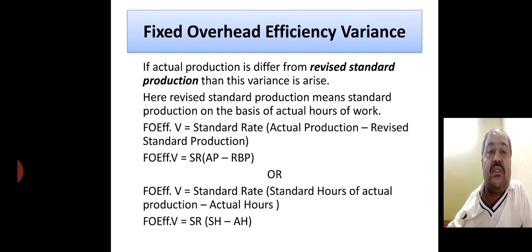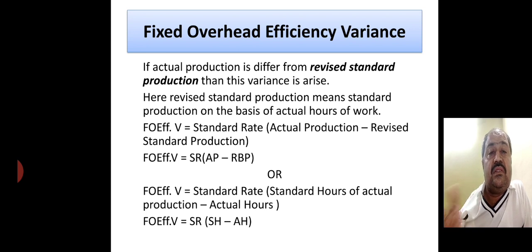The formula is: fixed overhead efficiency variance is equal to standard rate. Here the standard rate is per unit, because in the bracket we are showing actual production minus revised standard production. When you show the production, then the rate is required per unit.